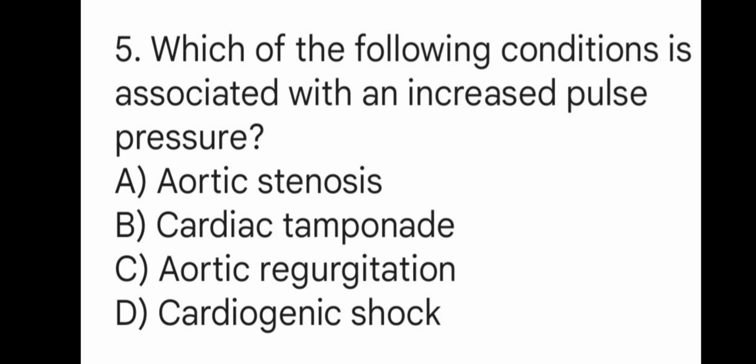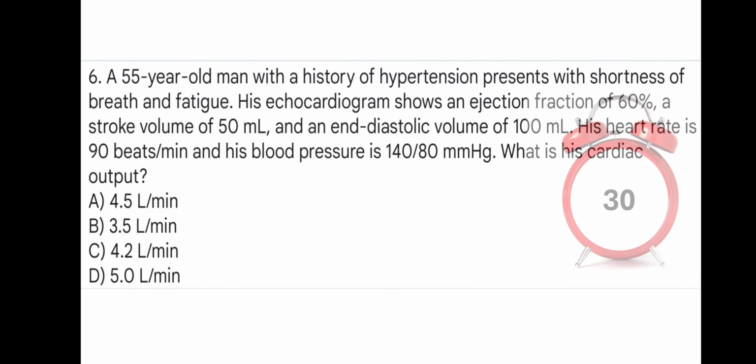The correct answer is C, aortic regurgitation. The correct answer is C, 4.5 liters per minute.